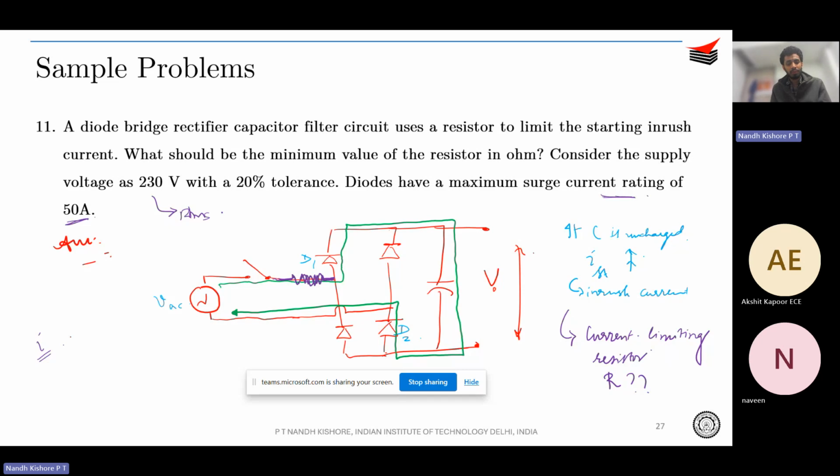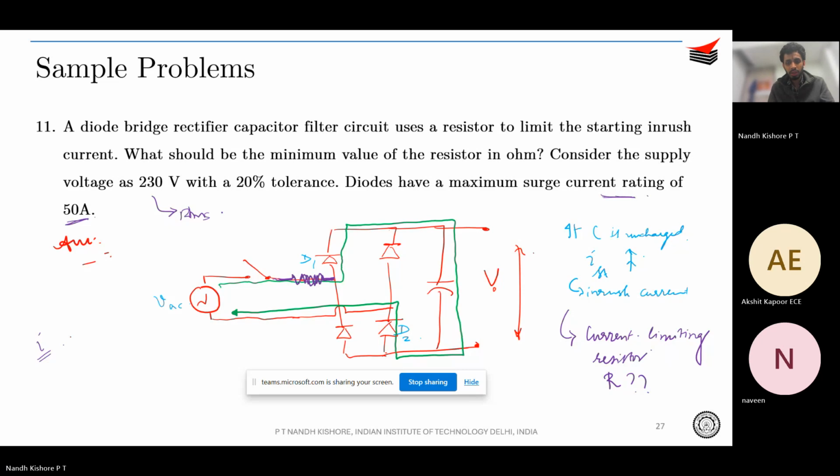So we can assume the maximum surge current rating for calculating the resistor value, because that is going to happen only once, when your capacitor is uncharged. Once the capacitor is charged, of course, the current would go lesser. Correct? Now the question is, how much resistor should I add so that the current is limited to 50 amperes?